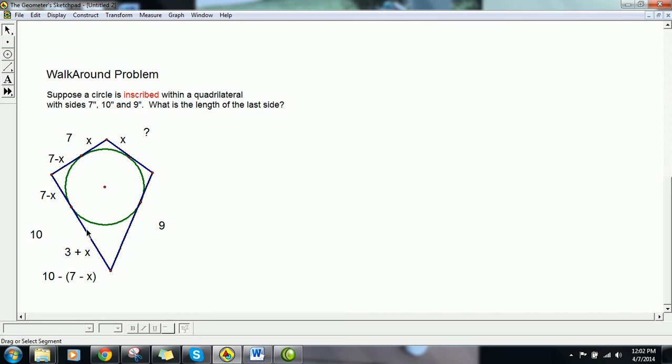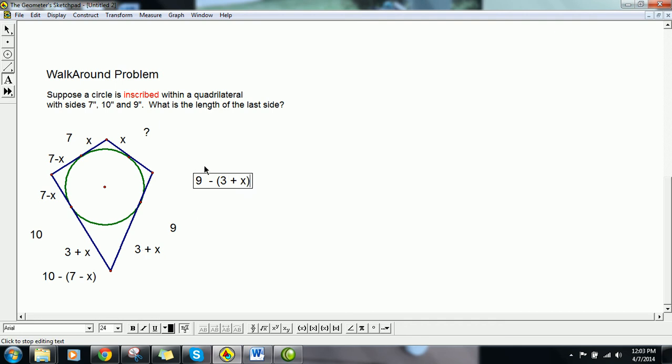Now, again by the two-tangent theorem, these two are the same. So if that piece is 3 plus x, this piece also is 3 plus x. And once again, if I know the whole side of the quadrilateral is 9, and I know part of the side is 3 plus x, then the other part is the whole, 9, and I'll write it off to the side, minus the quantity 3 plus x.